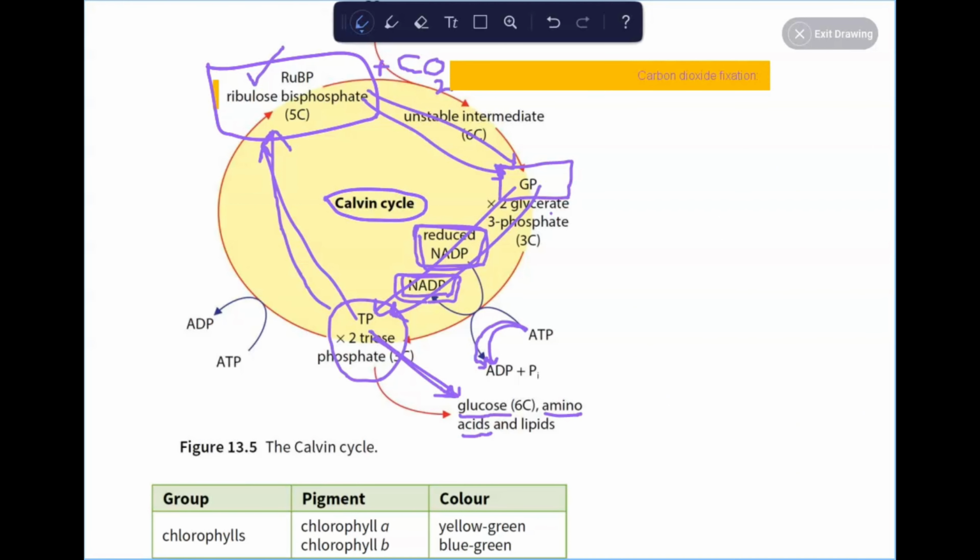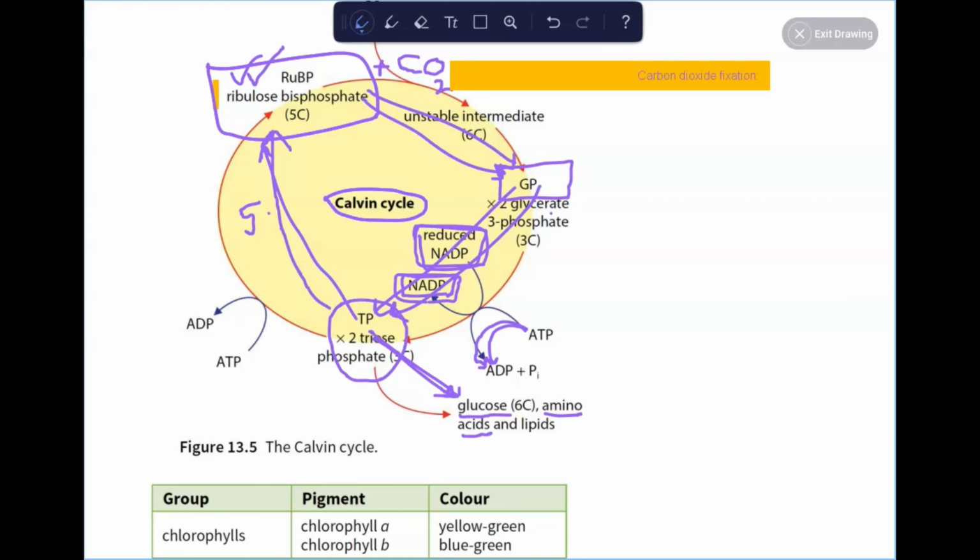TP has more chance to be converted into RuBP, so that RuBP should remain in abundance in the stroma to be available for carbon dioxide fixation, because the carbon dioxide concentration increases as the day passes, and the CO2 is available to convert RuBP into GP. So there is a 5:1. Why 5:1? Because RuBP should remain in abundance, and it should not act as a limiting factor.